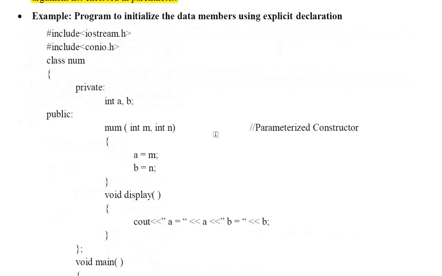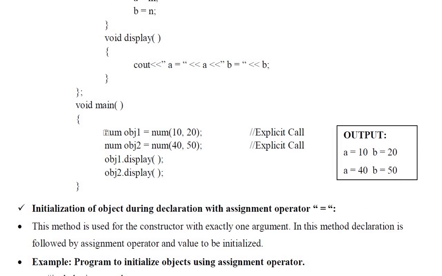the constructor name is also not used in an implicit call. But in an explicit call, here you can see, we are also creating an object from class num, and this is object one. But when we are creating this object one, we are calling a constructor by using the name num and giving the values. So this is called an explicit call. Explicit call means when we are creating an object, we are using the constructor name.